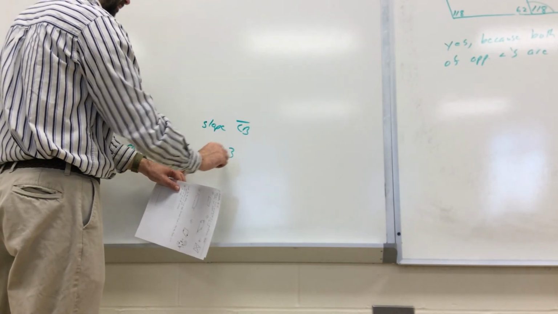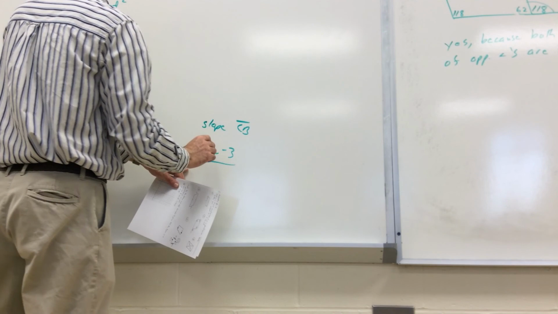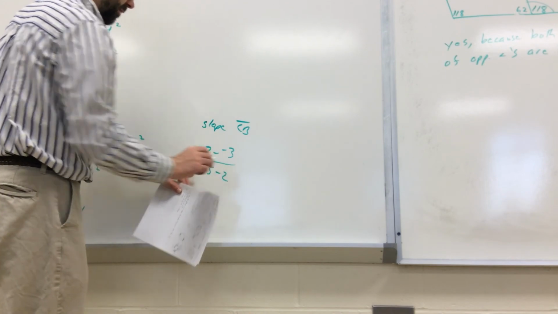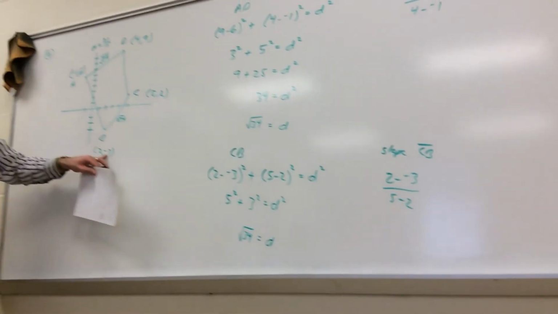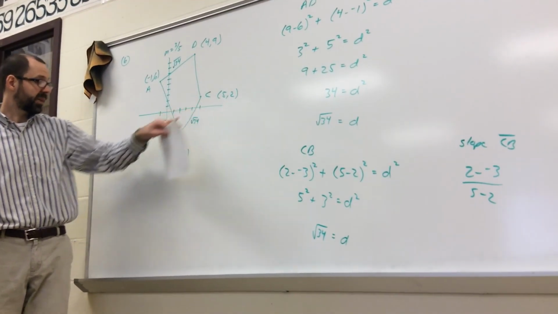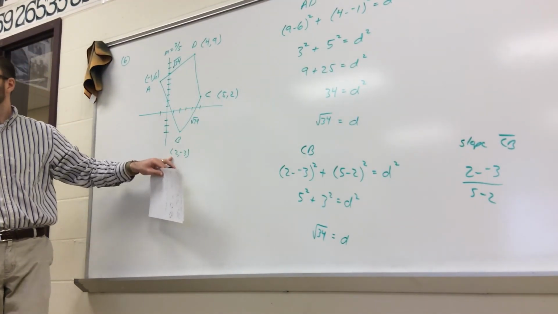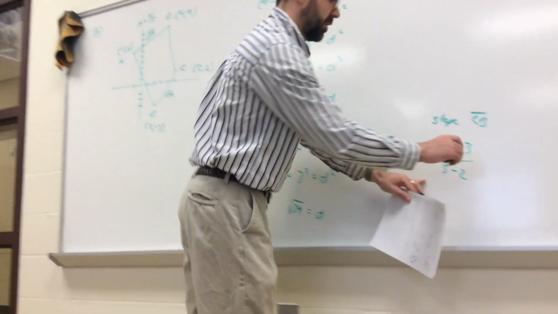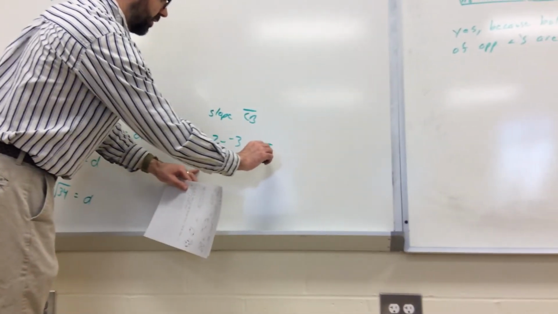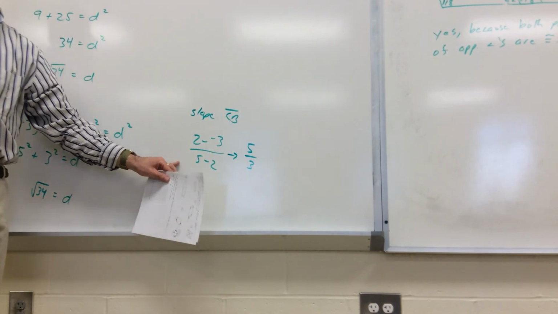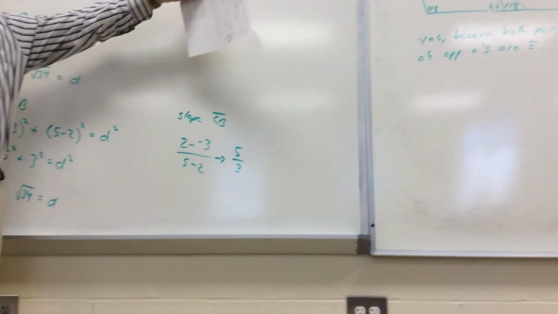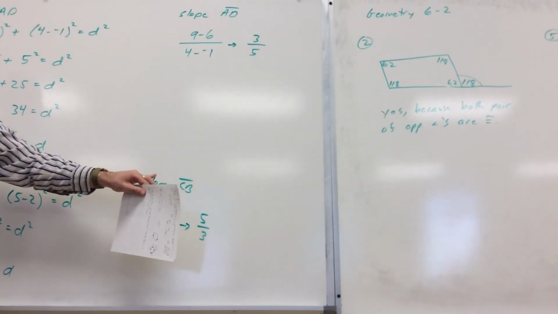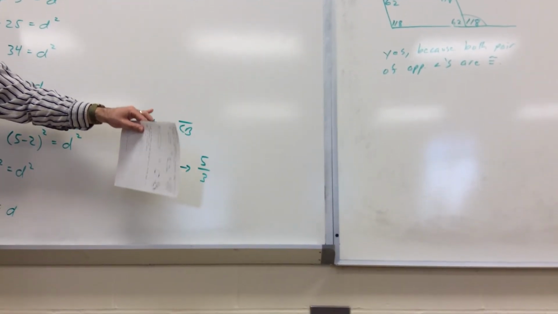So 2 minus negative 3 all over 5 minus 2. So that comes out to 5/3. Is that the same slope as this? No, so they're not parallel, which means it's not a parallelogram.